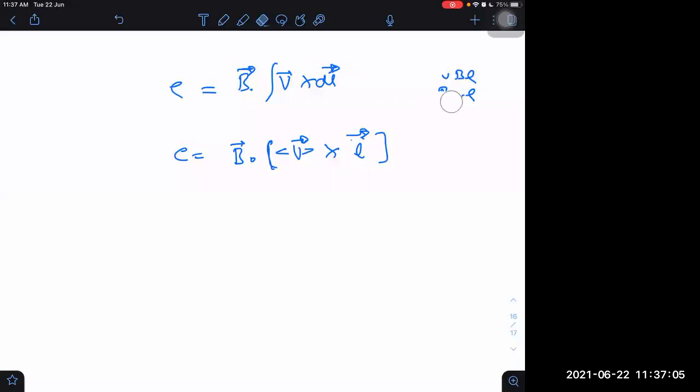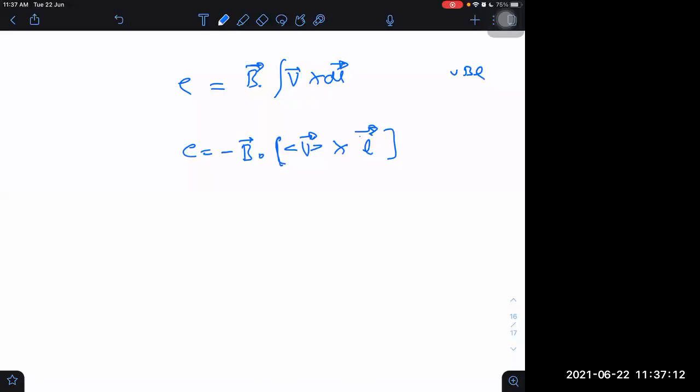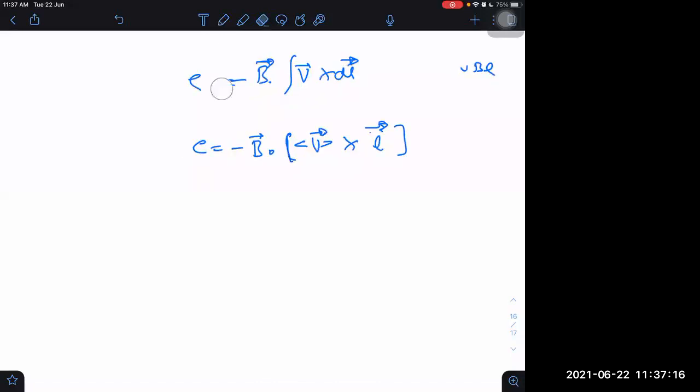So it is wrong here. Then it should be with a minus sign, above also with a minus sign. If I change the order, then it will be with a minus sign.